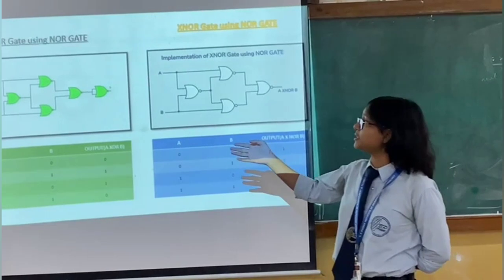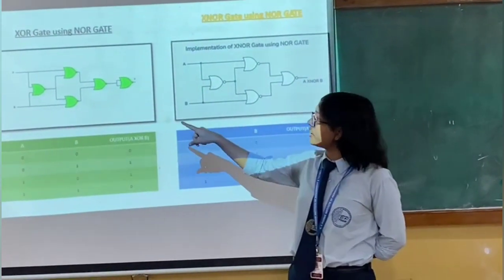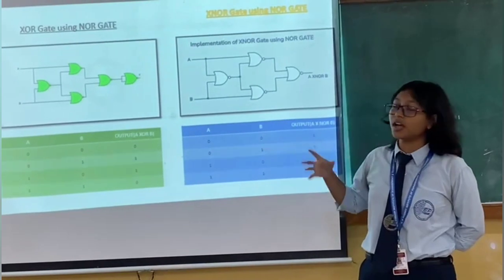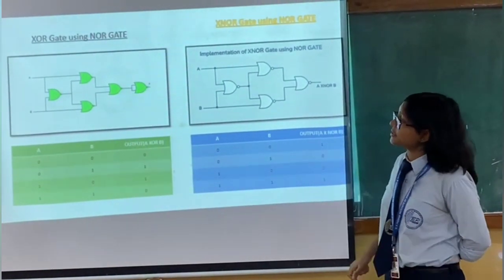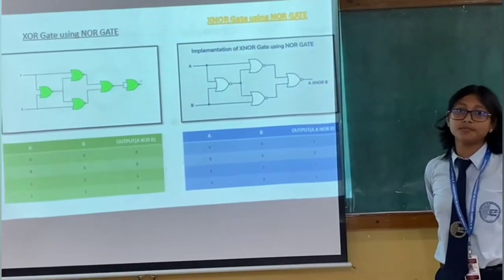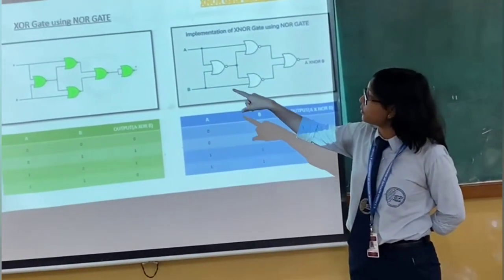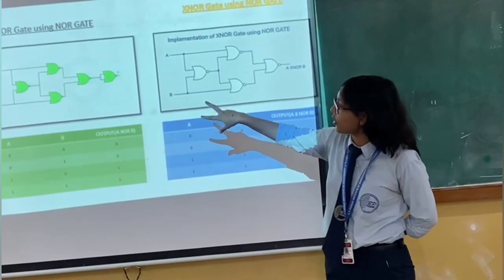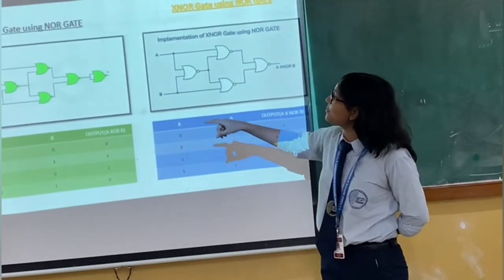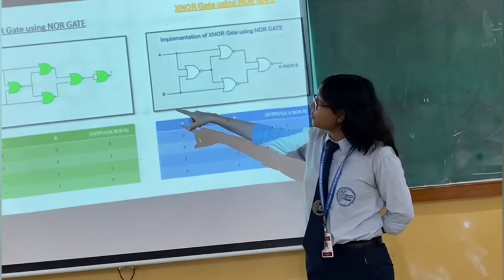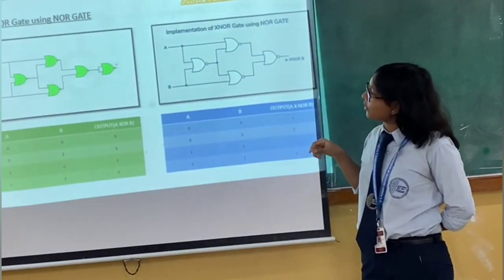As you can see from the diagram, we are first using a NOR gate for the input, which transforms the inputs A and B to (A plus B) complement, and then we are taking another NOR gate, two NOR gates, to transform that. Then we are again using a NOR gate.